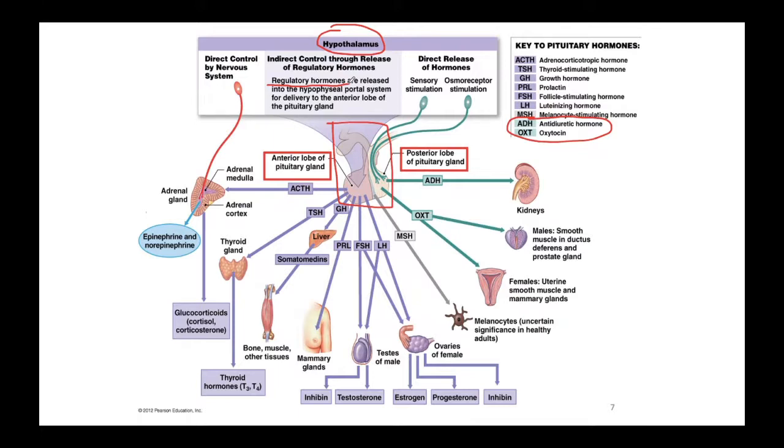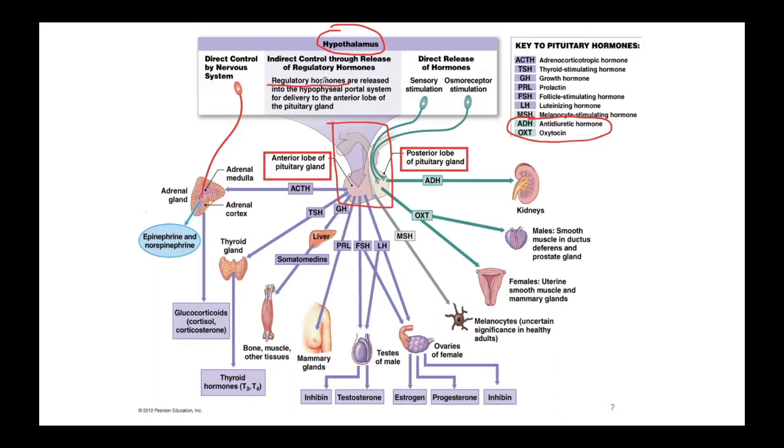And these regulatory hormones are either referred to as inhibitory or releasing hormones. So you may hear of thyroid stimulating hormone or thyroid inhibitory hormone, or follicular stimulating hormone, or follicular inhibitory hormone. So it's really like an on or off switch, to give you an idea, these regulatory hormones.